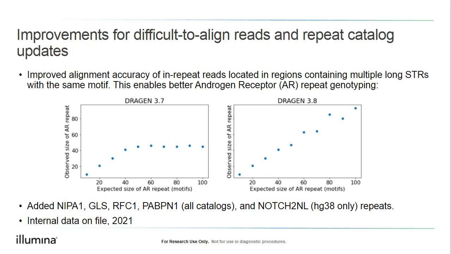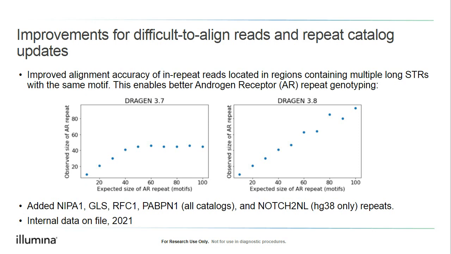As you can see, as the size of the AR repeats hit about 40, we started to flatten out. And this is extremely important because the pathogenic nature of this starts to show beyond 40 repeats. So if you had any of those samples, you would not be able to clearly detect if it's pathogenic or not because we're not able to show those repeats.